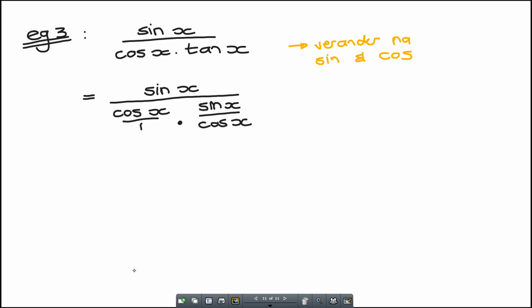Maar nou kyk gou net na die onderkant van my breuk. Wat sien julle daar? Wat kan gebeur? What can happen at the bottom of the fraction? The cos x can cancel out with the cos x, nee? So, at the top it stays sin x. En onder is daar net oor sin x. And what is that? Sin x over sin x is 1. Okay. Is julle reg?